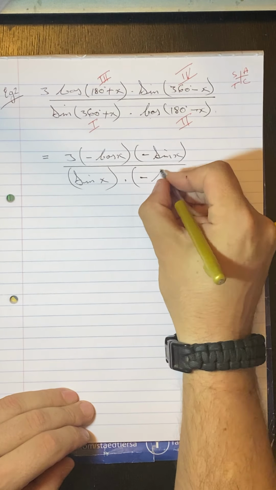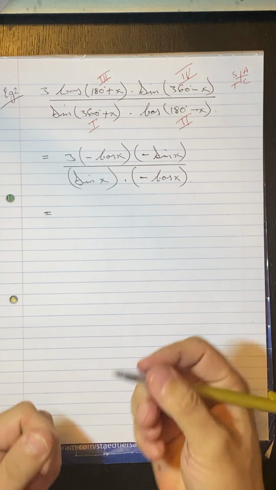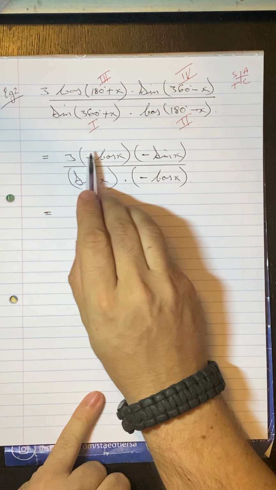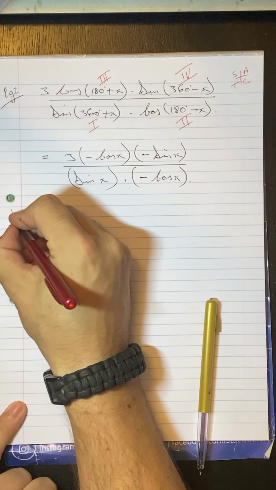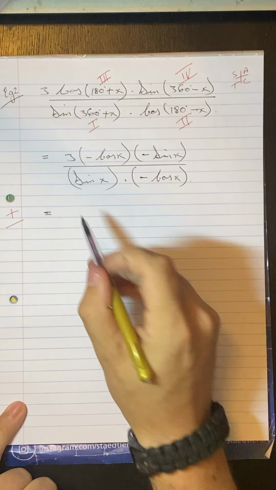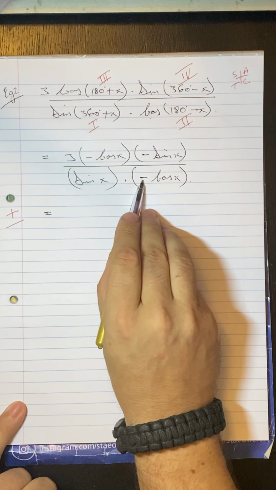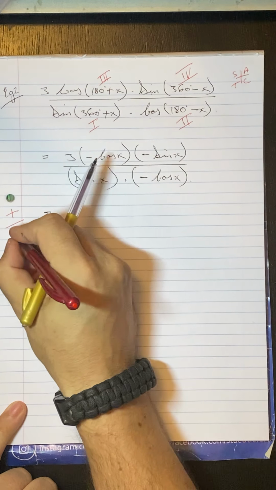Okay, so what I'm going to do now is I'm just going to work out my signs. We have a positive times a negative is a negative times a negative is a positive. So at the top we have a positive, and I'm just going to mark it like this. Positive over. Here we have a positive times a negative gives us a negative.